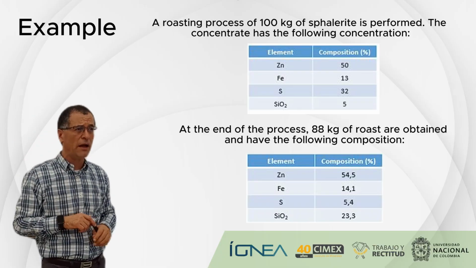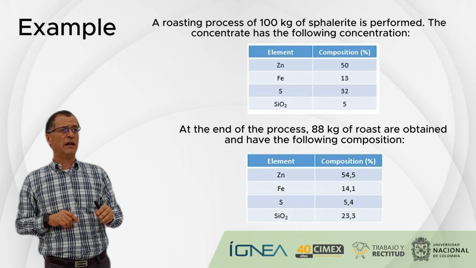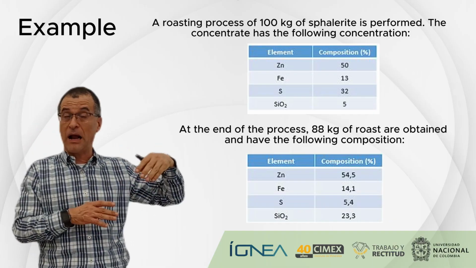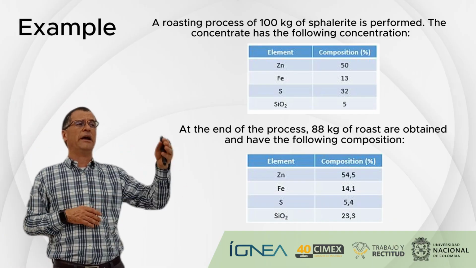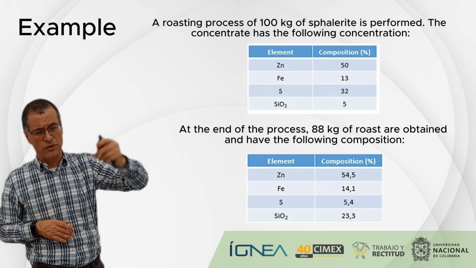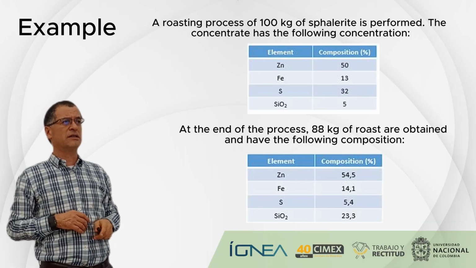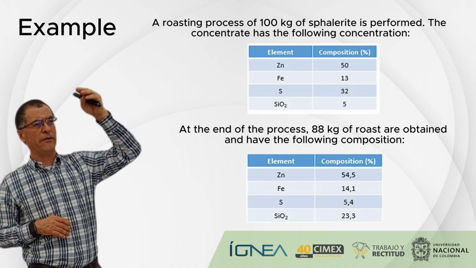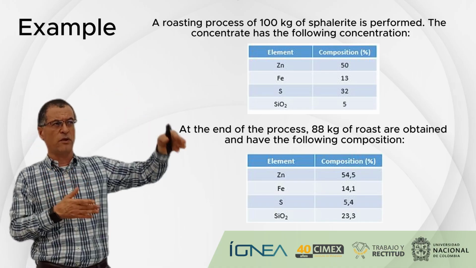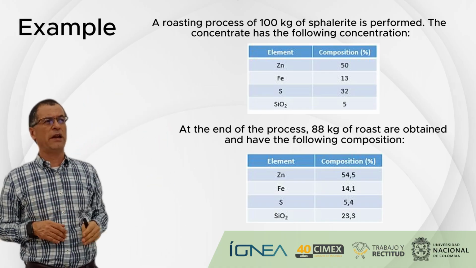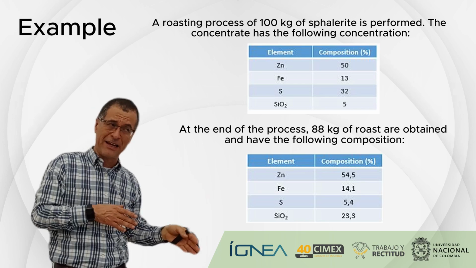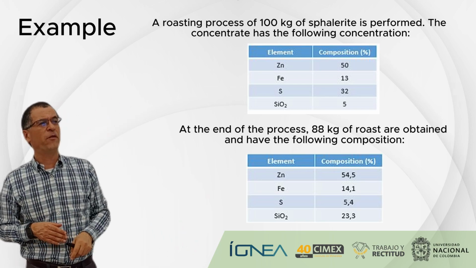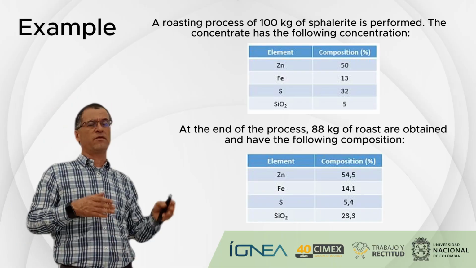Okay, in this process, we are going to obtain as a result of the process a product that has the composition that we have here in the example. In the raw material, in the sulfides that enter the furnace, we have 50% of the zinc, but at the end, when we finish the roasting process, we have 54.5% of zinc.